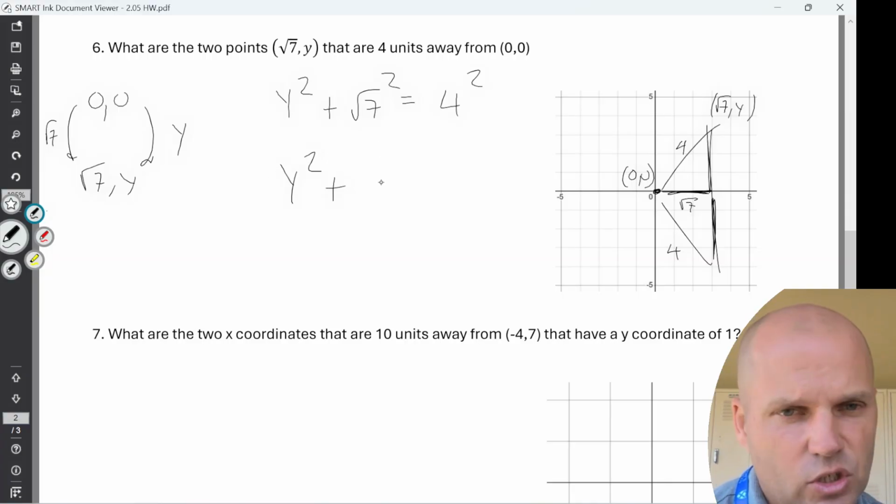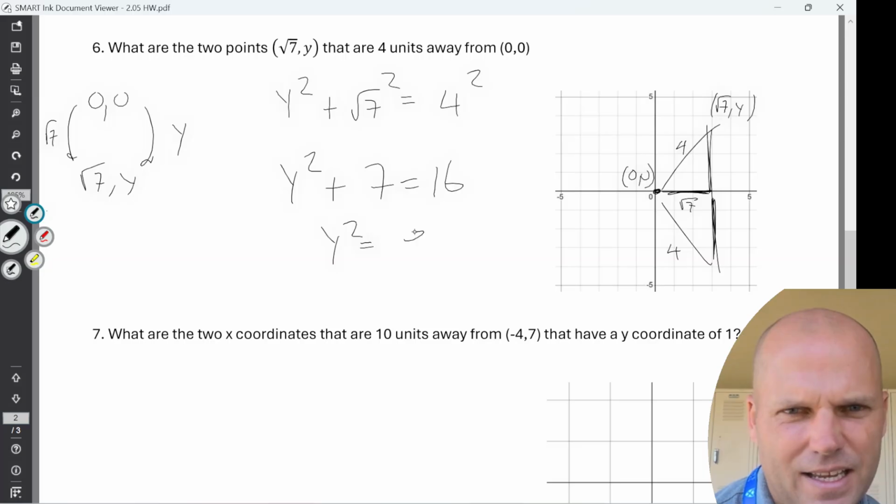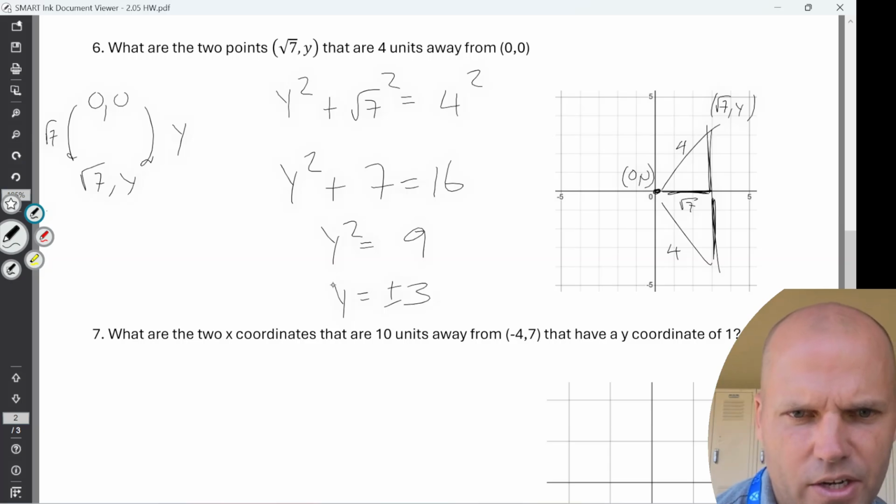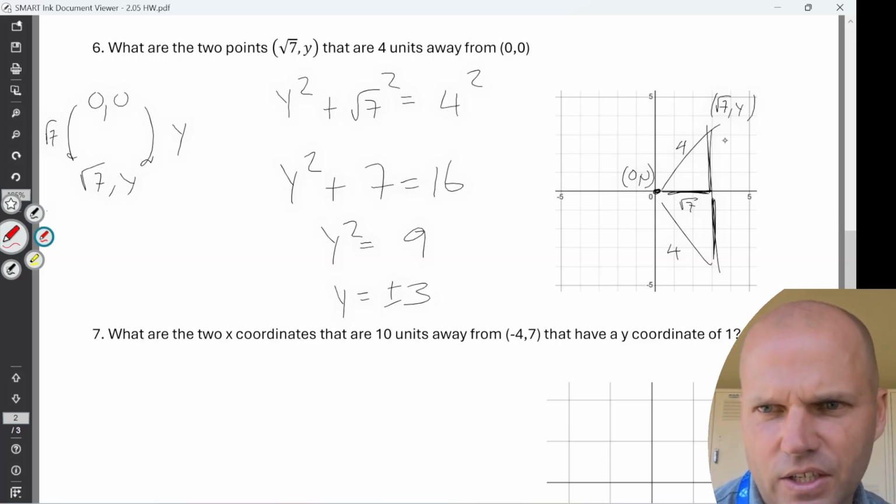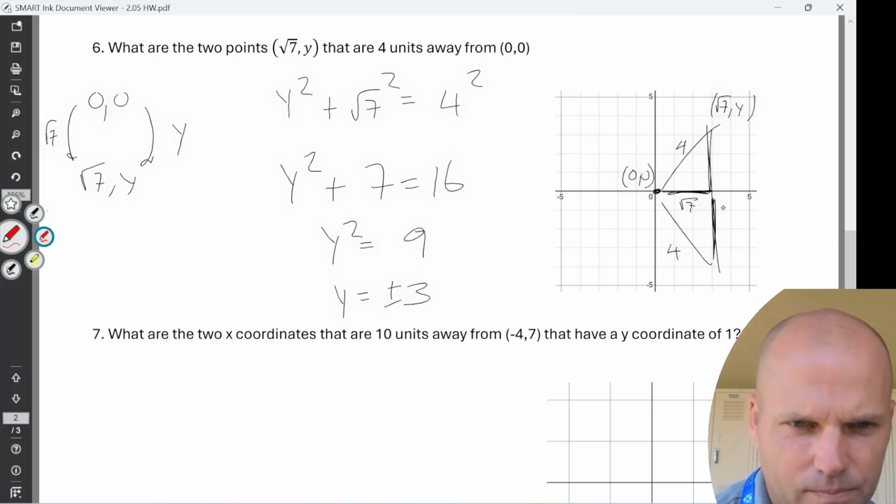The root 7 squared is 7, the 4 squared is 16. If I subtract 7, I get 9, which means y could equal plus or minus 3. Not just positive 3, but both positive and negative 3.